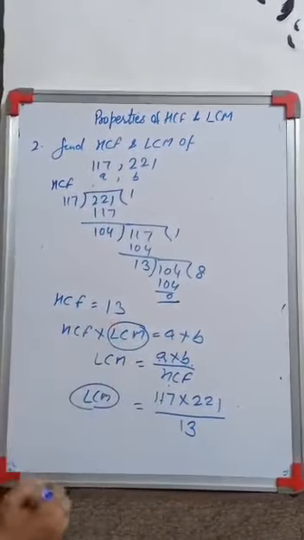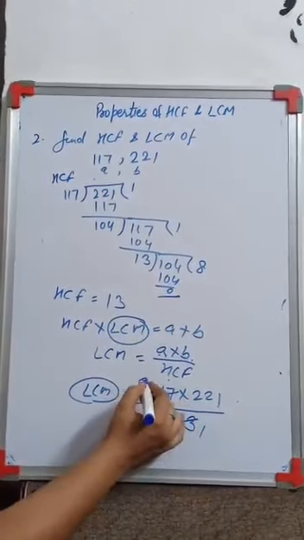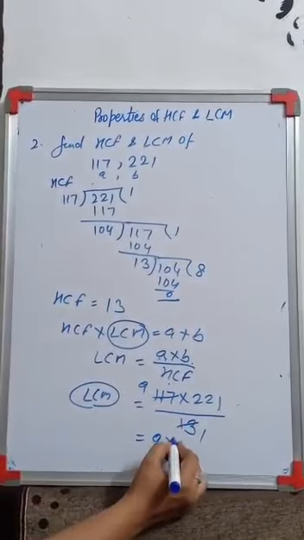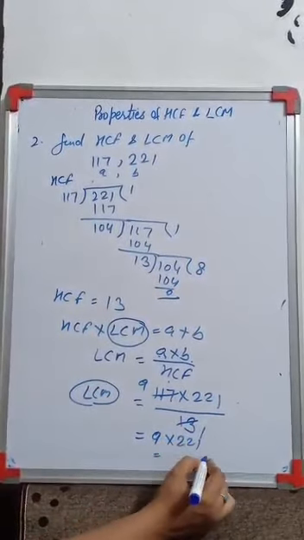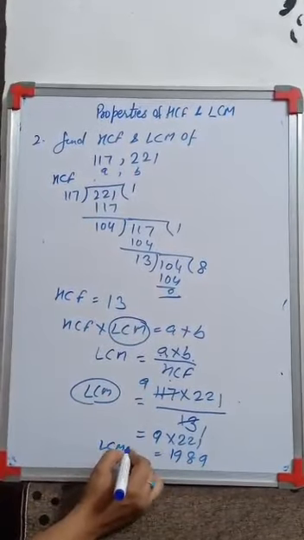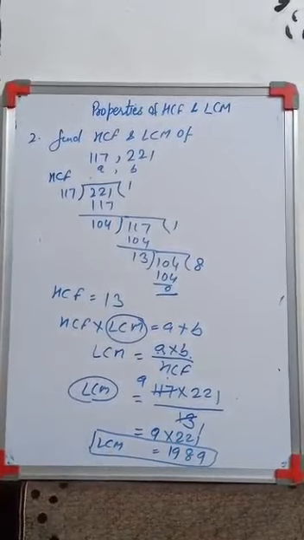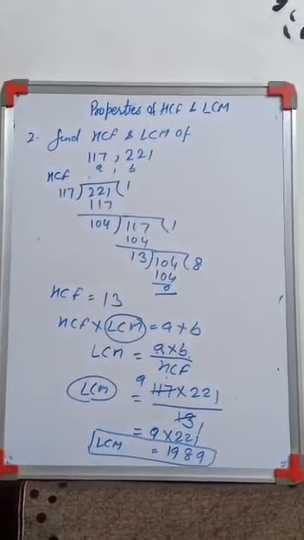HCF I have calculated as 13. So if I calculate this, 117 divided by 13 is 9, so it will become 9 into 221. So your LCM will be 1981 (sic: 1989).